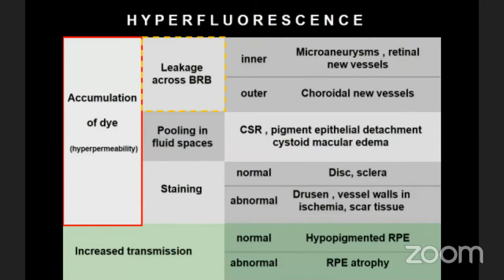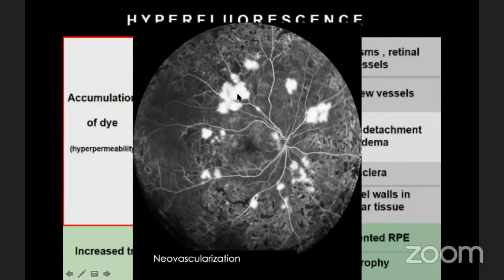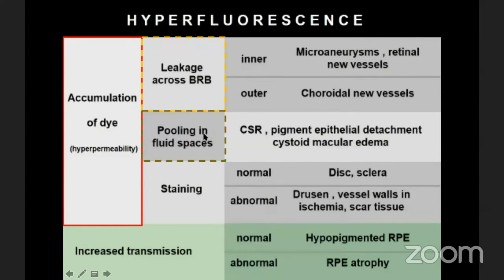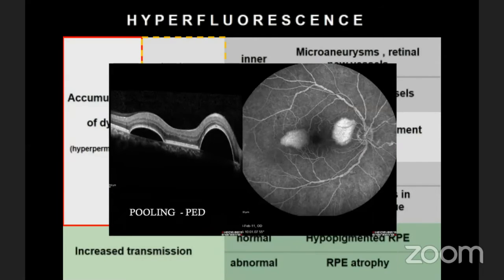Leakage across the blood retinal barrier from the inner retinal layer, we can see leakage of the dye, which is happening in cases of NVE. This is a case where we can see there is leakage and a lacy network, which happens in cases of classic CNVM. There is pooling in fluid spaces, as happens in CSCR.